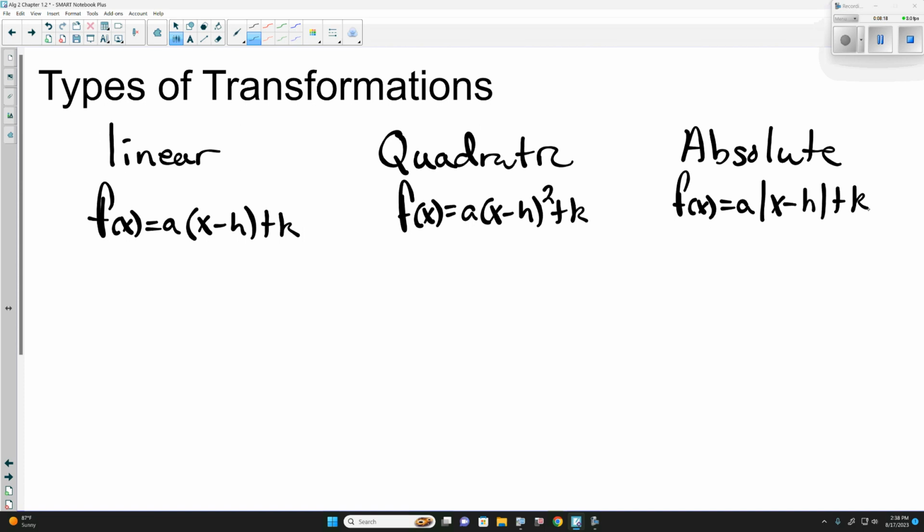Okay. Now, these here are the general forms of linear, quadratic, and absolute value.